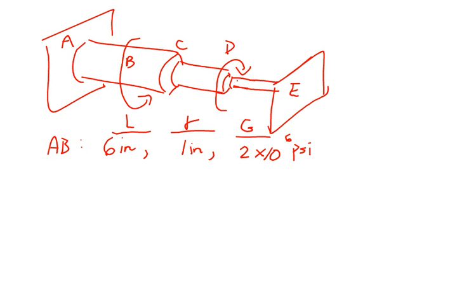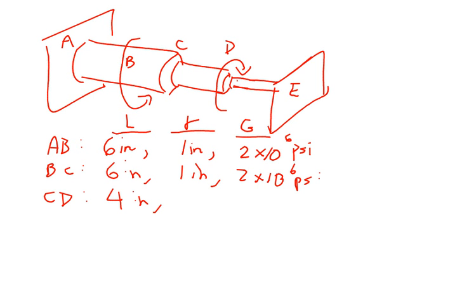Then BC is also 6 inches, radius of 1 inch, 2 times 10 to the 6 psi. CD maybe has a length of 4 inches, a radius of ½ an inch, G of 4 times 10 to the 6 psi.